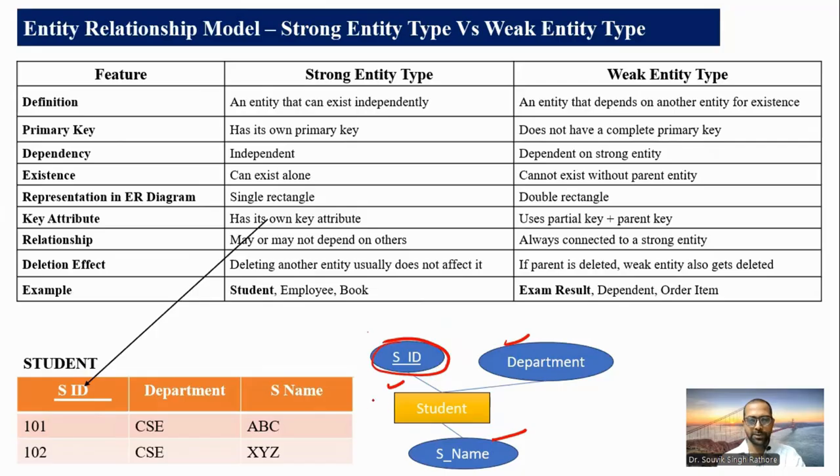When you convert this entity type into a table called the student table, you represent it like this. SID becomes the prime attribute, and then we have the other attributes without underline, as you can see over here. Here 101 CSE ABC is one entity and 102 CSE XYZ is another entity. Together they are under the umbrella of the student entity type. And this is a strong entity type because it has its own key attribute.